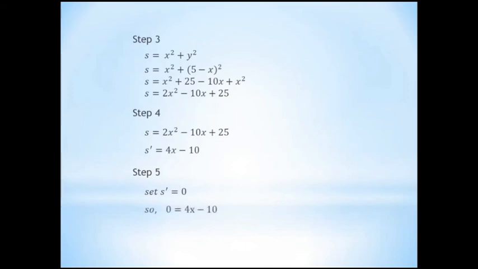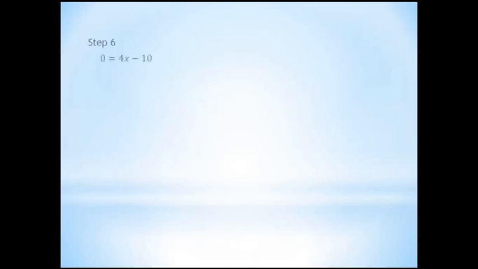So 0 is equal to 4x minus 10. Step 6. Find the value of x. 0 is equal to 4x minus 10, 4x is equal to 10, x is equal to 5 over 2.